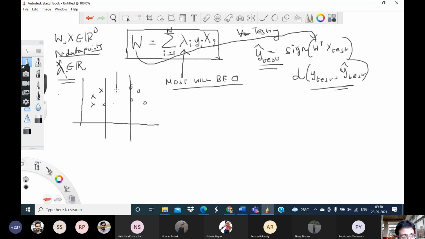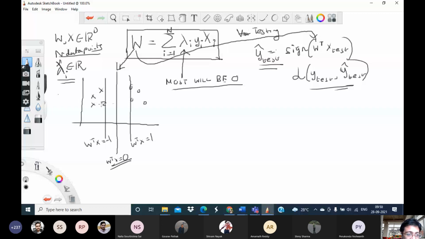So this line is my W transpose X equal to 0. This is the optimal classifier which I have got by solving this. Now clearly, these are the two marginal classifiers, W transpose X equal to -1 and W transpose X equal to 1.